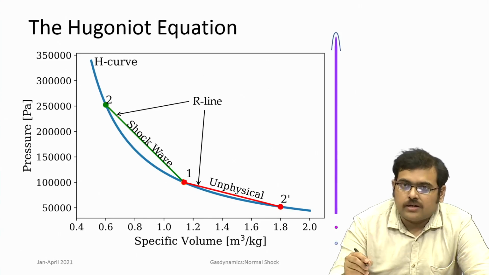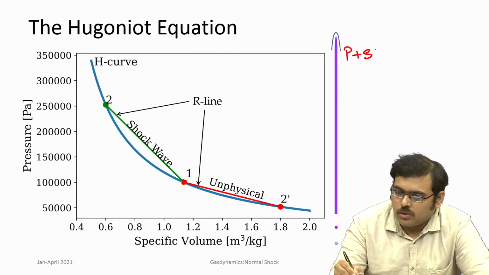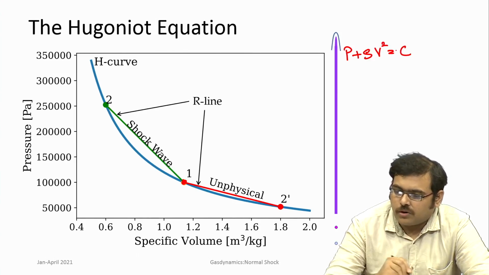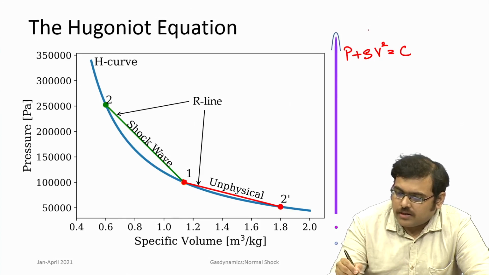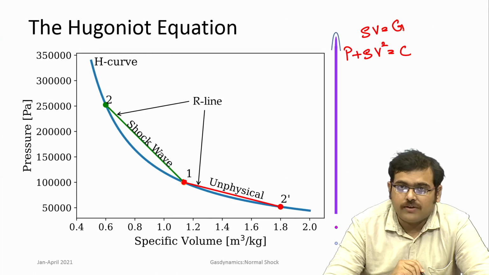The Rayleigh line just comes about from the momentum equation, P plus rho v square equal to constant. We can combine the energy equation with this, because rho v is constant across the shock.